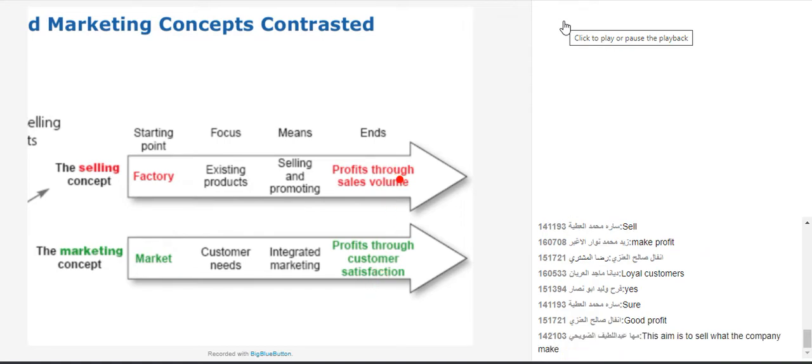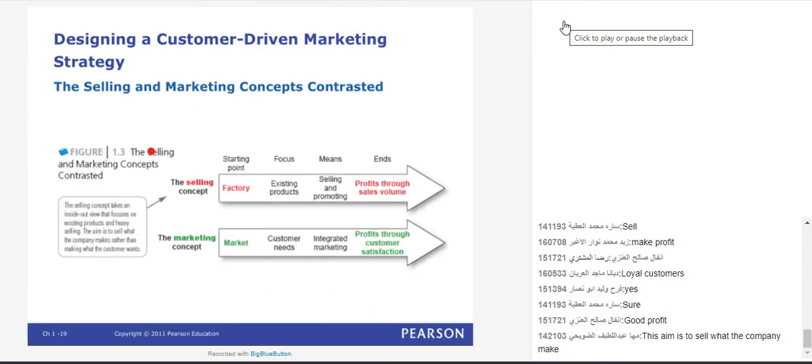This one is good, but short term. However, this one is good, but long term. This is better. This is a quick comparison between the marketing concept and the selling concept and before.